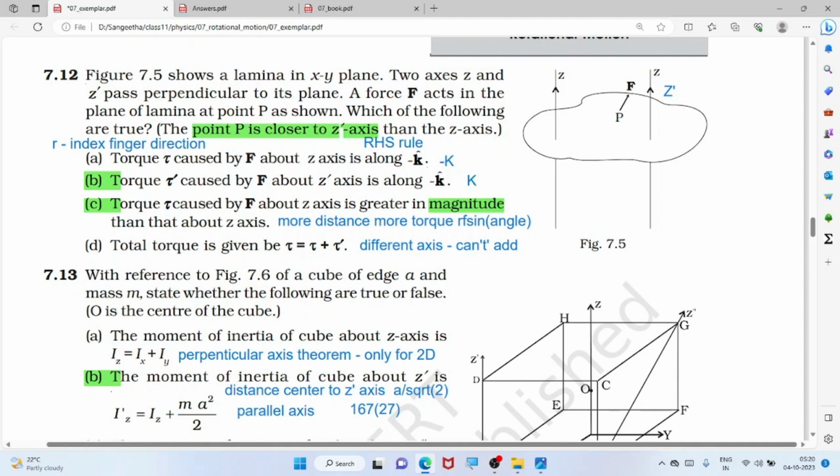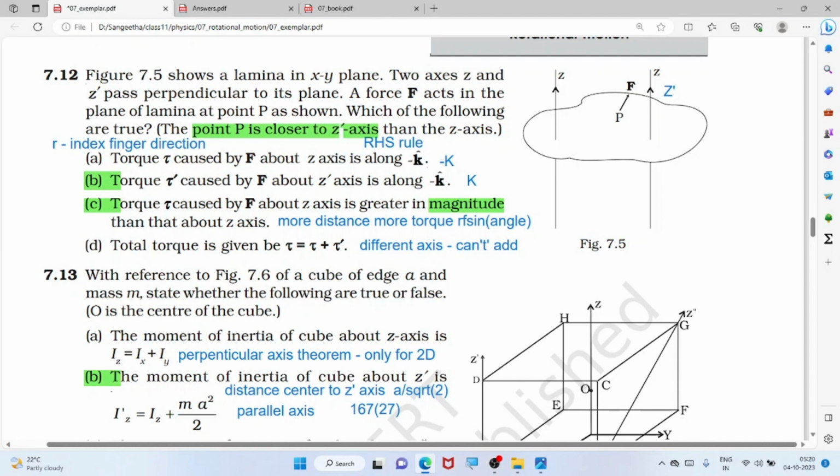This is true. The torque caused by F on the z-axis is greater in magnitude because the given point P is closer to this axis. That means the distance from the z-axis is more. So that is why the magnitude of the torque is more in this.